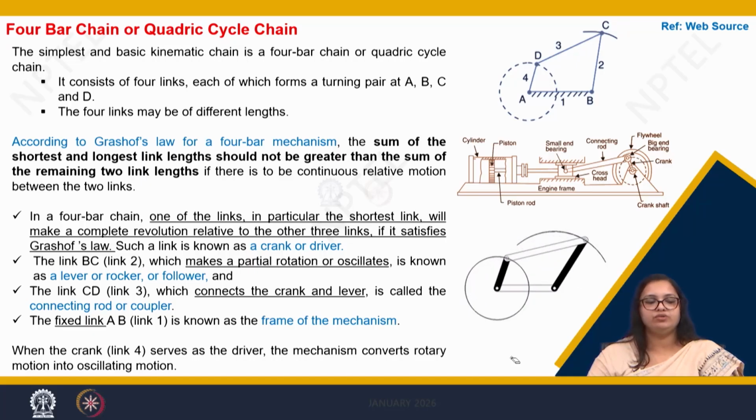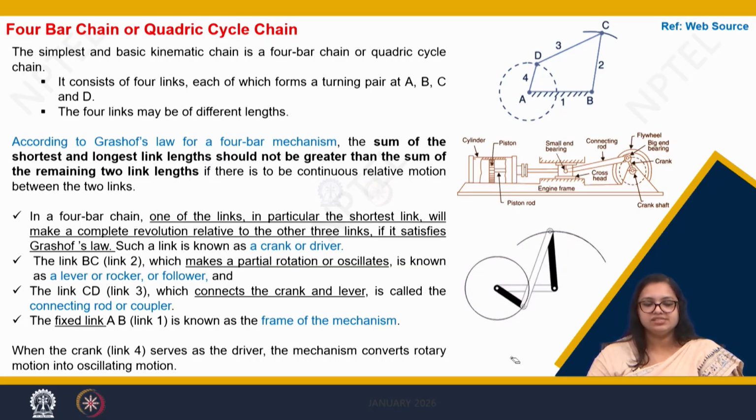When we talk about the 4-bar chain mechanism, we understand that there are 4 turning pairs, that is A, B, C and D, and then there are 4 links, which are 1, 2, 3 and 4, and those are of different lengths. So there is a law which relates the lengths of any mechanism.